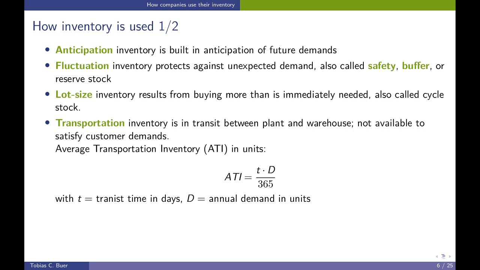And now we have 15 pieces more in stock, and this is called lot size inventory. We only have it because we have to respect minimum order sizes, which are also called lot sizes.